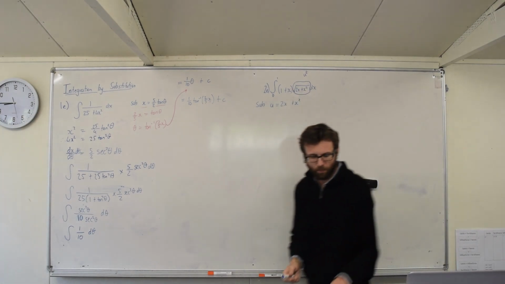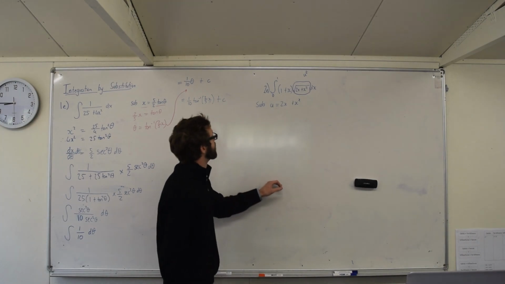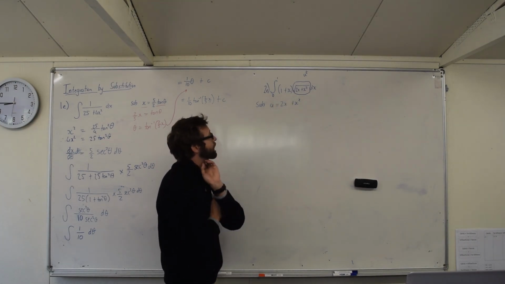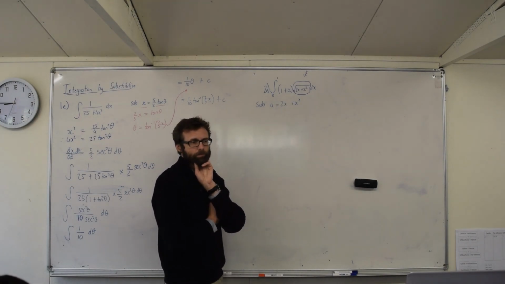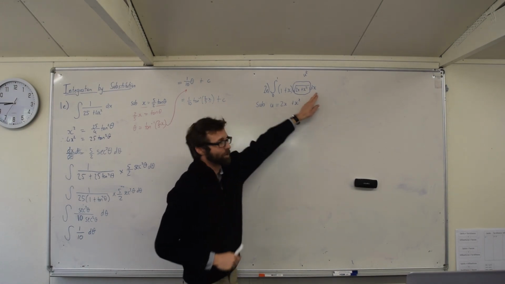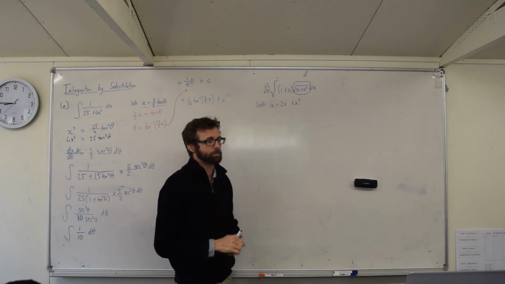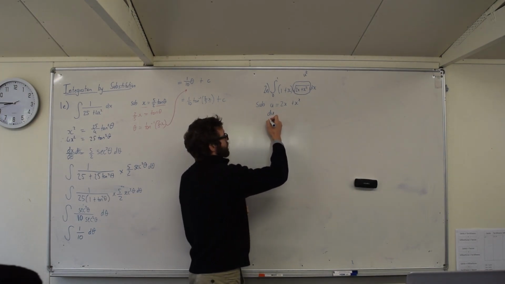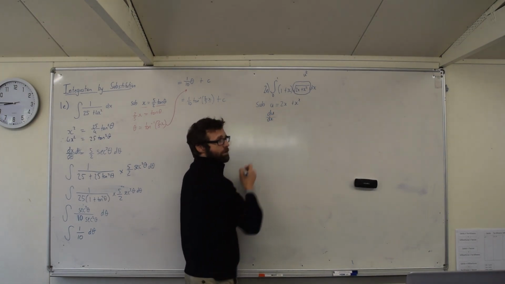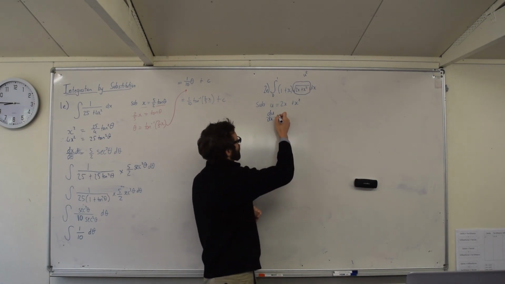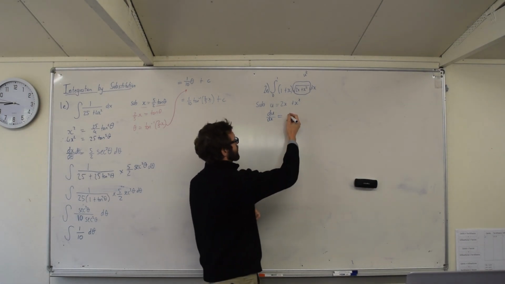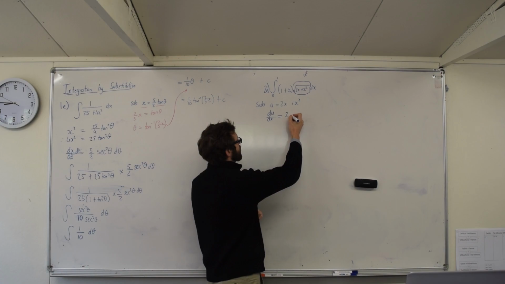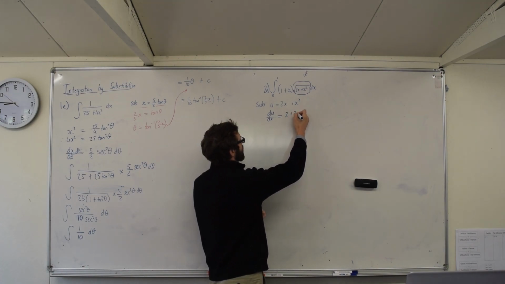So, any potential suggestions as to how we can start figuring out this bit here? Or maybe this bit here. Often it's a good idea to do this. du dx. What will that give me, Rebecca? 2 plus 2x.